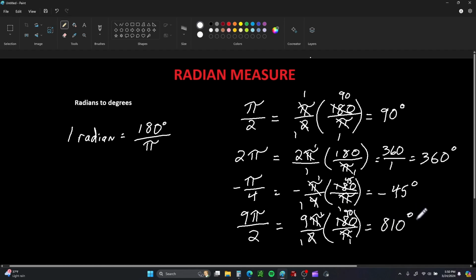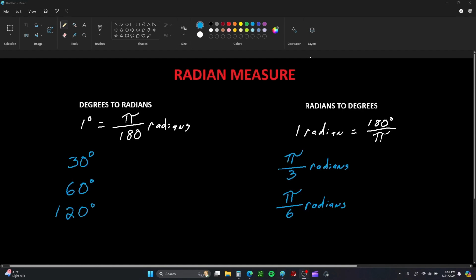This is 810 degrees. Let me put up a few for you to try on your own. So at this point, I encourage you to pause the video and convert these degree measurements into radians and convert these radians into degrees.